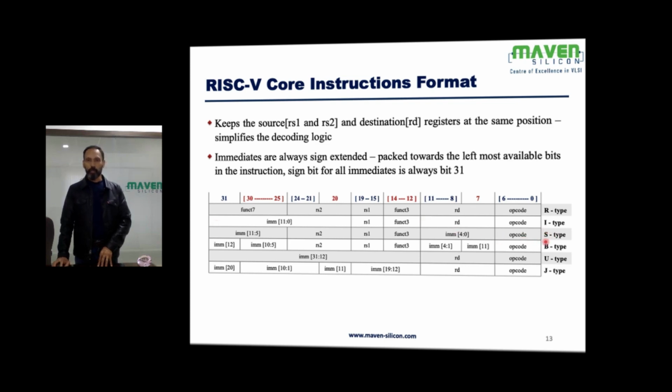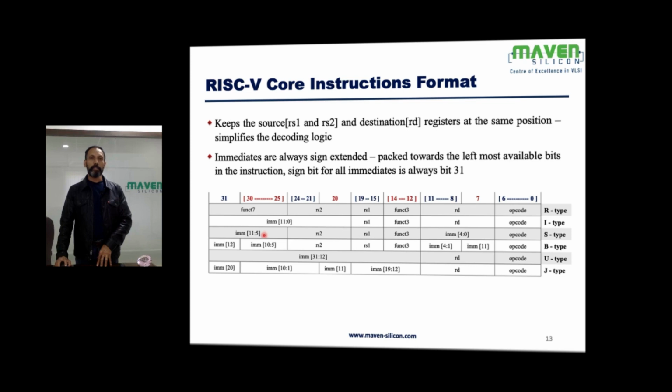S type means store type. We use this instruction primarily to write values into memory. Here the value is stored in RS2 and the address will be calculated from both RS1 and the immediate value. So the address is going to be the sum of RS1 and the immediate value.